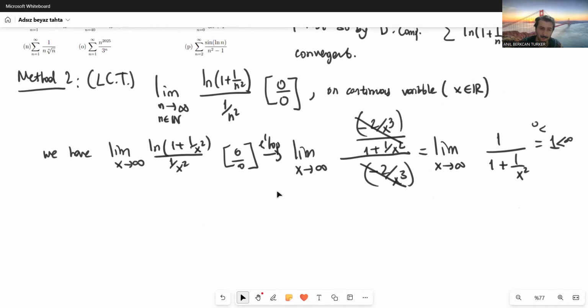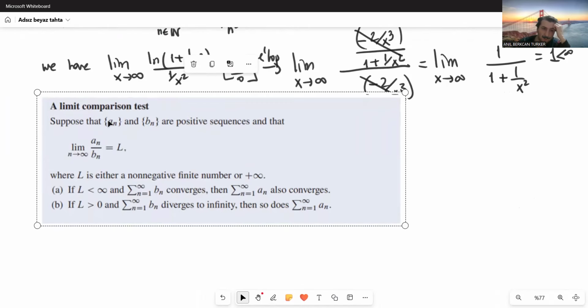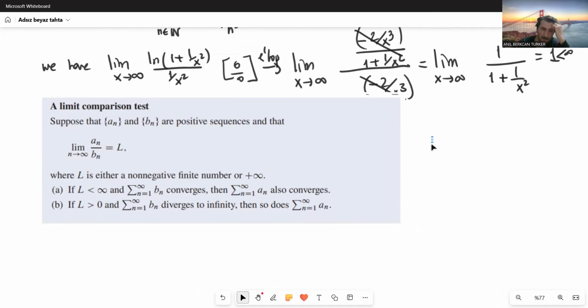Let me just copy and paste this limit comparison test. We have two positive sequences. If you find the limit L is neither infinity nor zero, then we can say that they both behave the same.